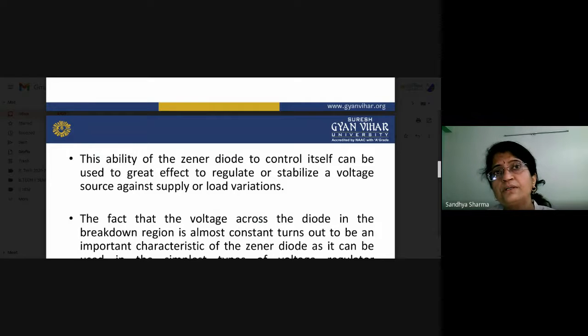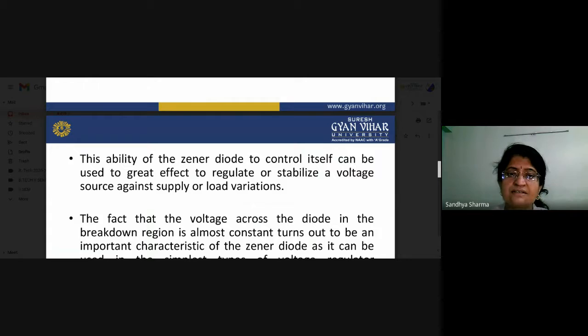These are the two words we use for a Zener diode: it can regulate whatever changes are made in your input signals. If we apply a Zener diode, the voltage across it will be constant, so it can regulate or stabilize our voltage source against load variation.